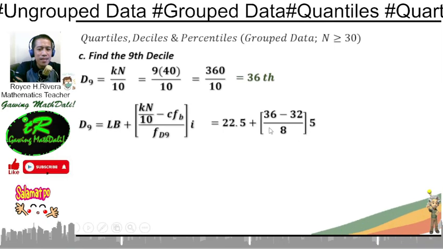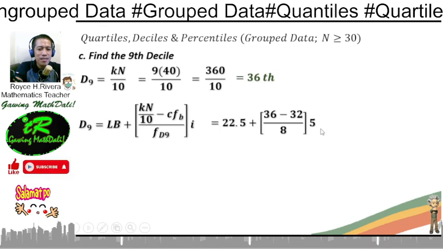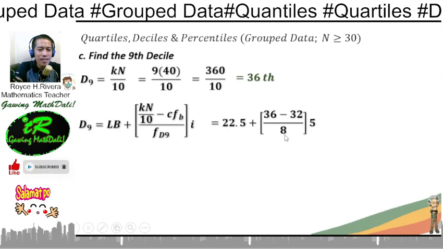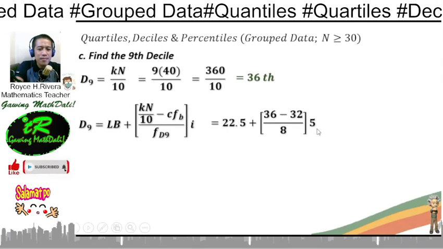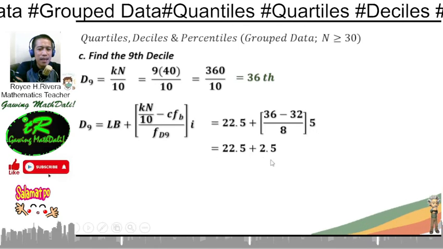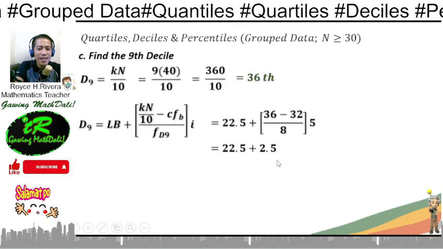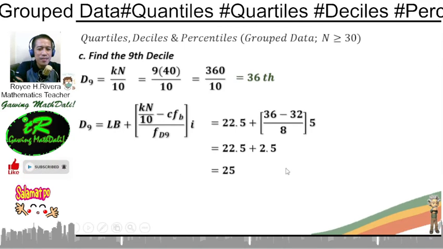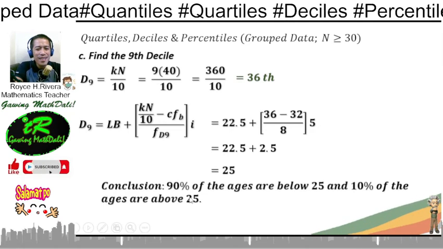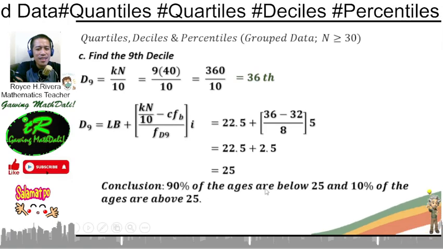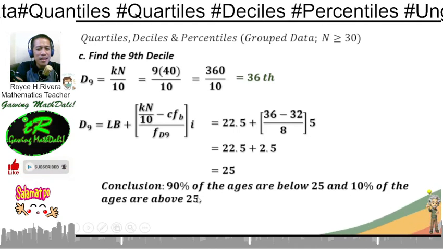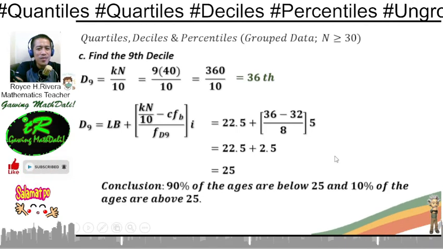We repeat the process by evaluating these values. 36 minus 32 all over 8 times 5. We have 22.5 plus 2.5. Getting the sum, we will get 25. Therefore, 90% of the ages are below 25 and 10% of the ages are above 25.